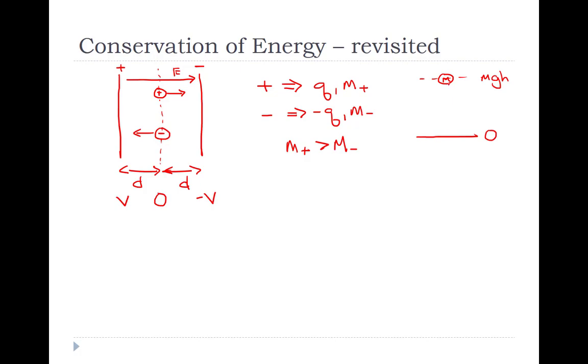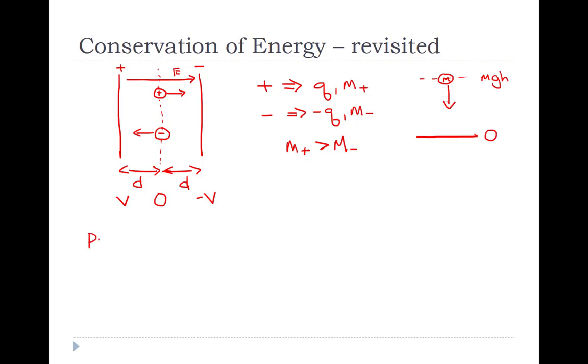And if I release this mass from rest, it falls downward, which means it moves towards lower gravitational potential energy. By making this setup like this, I have guaranteed that my charges, when released from rest, will do exactly the same thing. They will move to lower potential energy. Both of them. So now let's prove that.